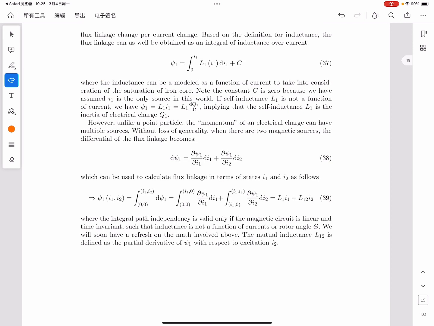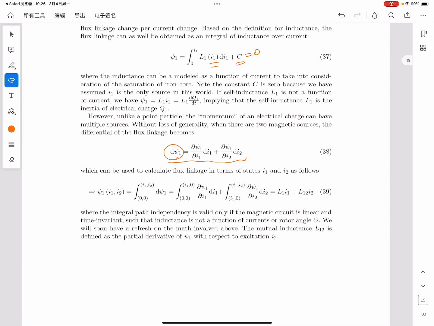So if we assume the current is the only source to this system, the term C here should be equal to 0. Unlike the momentum of a particle, it is possible to have multiple sources that contribute to the buildup of the flux linkage of one circuit. So to see that, we can derive some equation like this. This term here is known as the self-inductance.